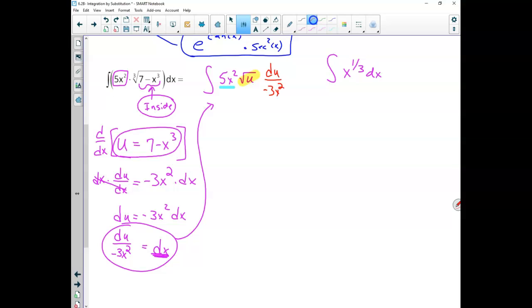Notice this is all over 1. So then, check that out, the things I can't have in there just reduce out. So I really am looking at 5 over negative 3 square root of u du.